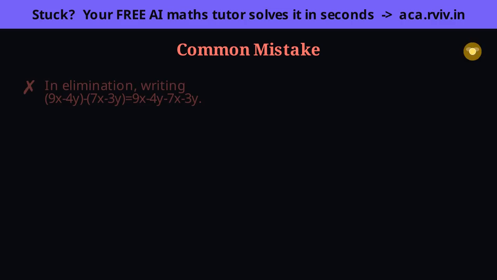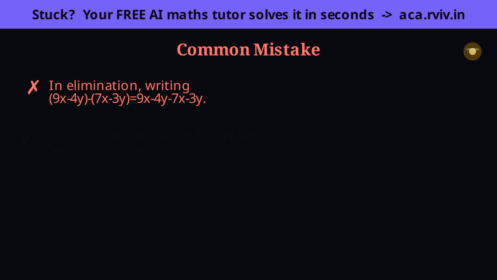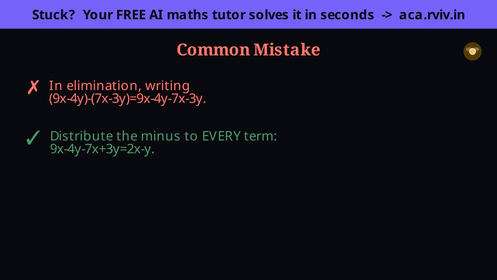Here, minus a minus 4y becomes plus 4y, and minus a minus 3y becomes plus 3y. Get one of those signs wrong and the whole answer collapses. The safe habit is to bracket the second equation and distribute the minus deliberately across every term before you combine. Sign care in elimination is where most easy marks are lost.